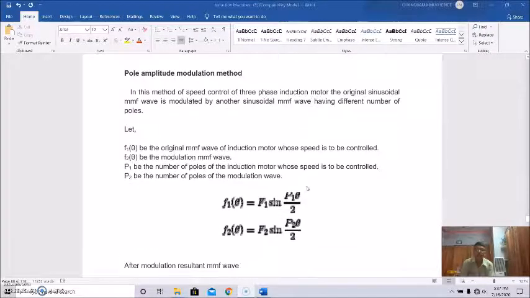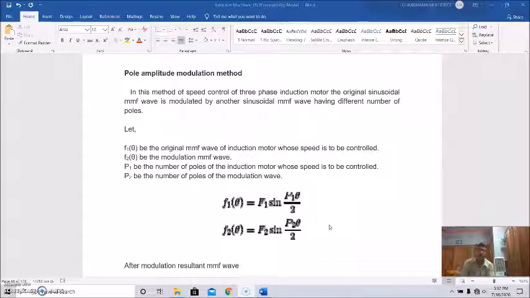Now we'll discuss the pole amplitude modulation method. Basically, in this method of speed control of a three-phase induction motor, the original sinusoidal MMF wave is modulated by another sinusoidal MMF wave having a different number of poles.